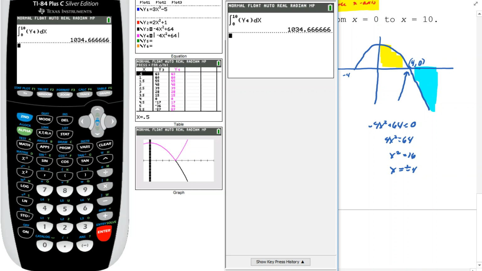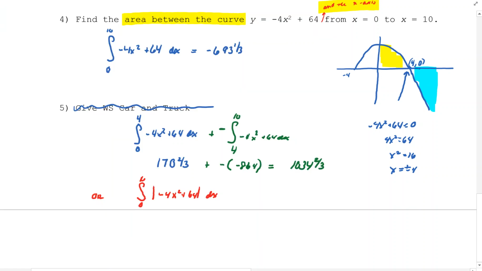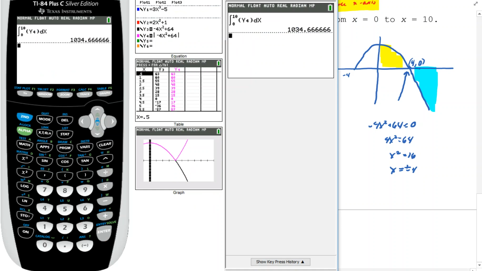And it's thinking. 1034. So the same number I got by adding those two together, 1034 and 2/3. So the absolute value function does help us out there.